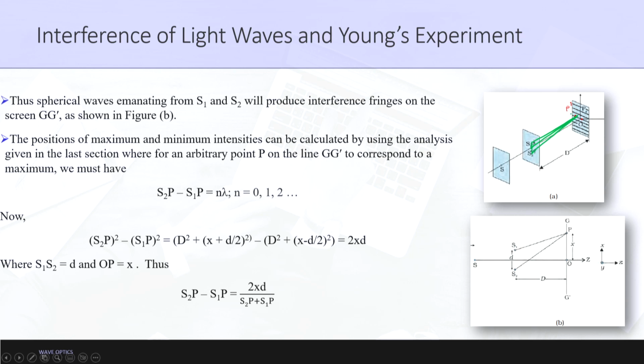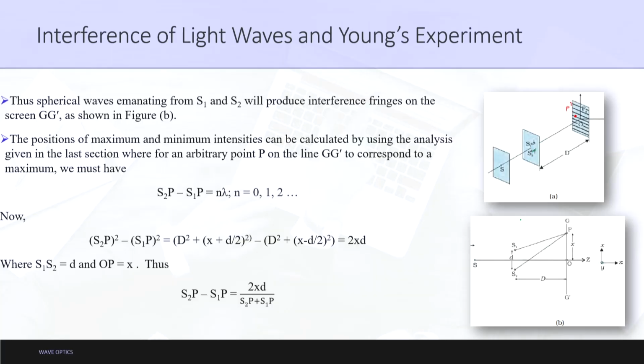Two triangles are being formed. Maybe from this view I cannot show you that these two triangles are congruent, but if the mathematical calculations are done, then also both triangles are congruent.